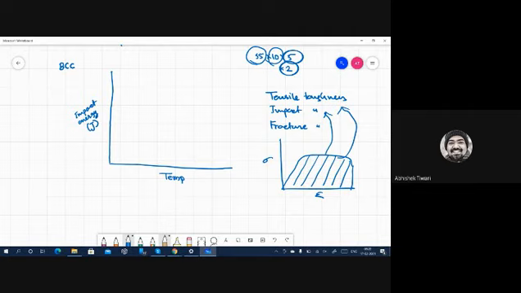Fracture toughness is an altogether different thing, which we have studied in MM302. If you remember, K1C was a measurement of fracture toughness, which is sigma root pi a, F of a by W. So this is an altogether different property. Although it is a measurement of toughness, the basic idea is that you should have a crack definition.